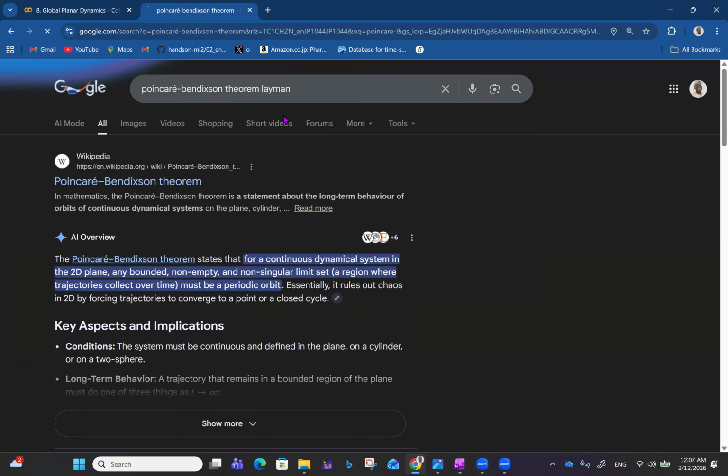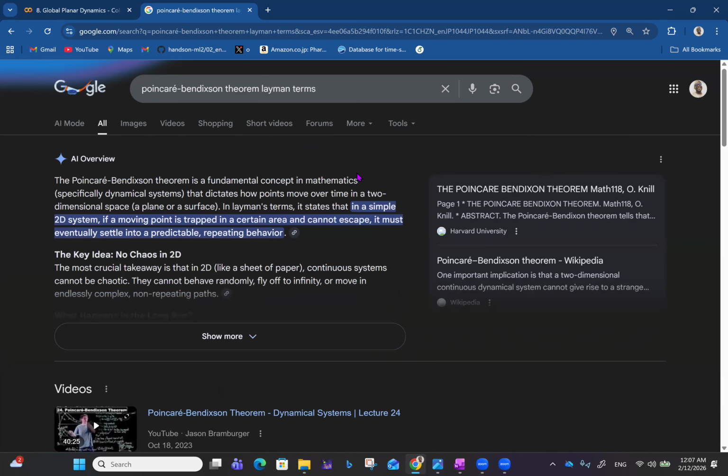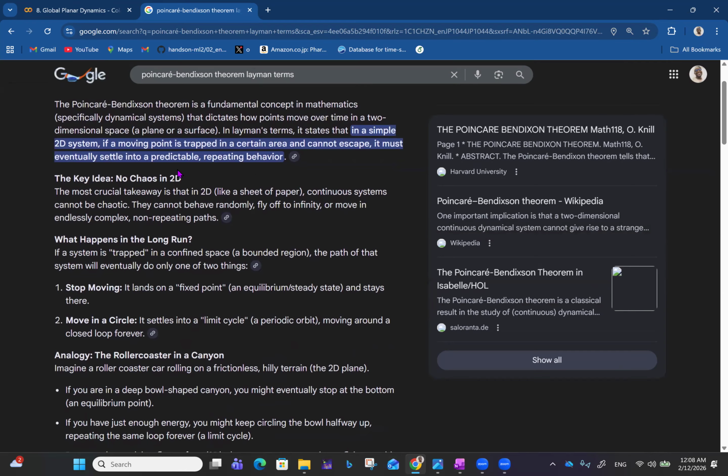Okay, so here, the Poincaré-Bendixson theorem is a fundamental concept in mathematics, specifically dynamical systems, that dictates how points move over time in a two-dimensional space, or what you call a plane or a surface. In layman's terms, it states that in a simple 2D system, that's when you have X and Y, right? If a moving point is trapped in a certain area and cannot escape, it must eventually settle into a predictable repeating behavior. Okay, so the key idea is that there's no chaos in two dimensions, basically.